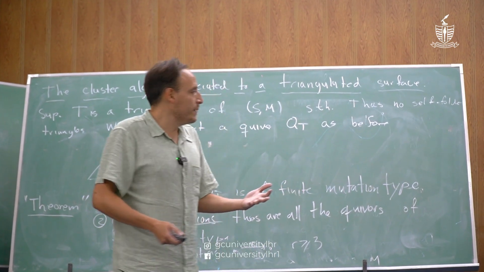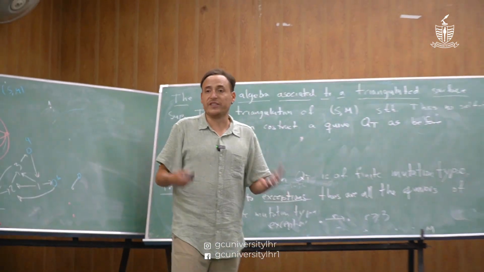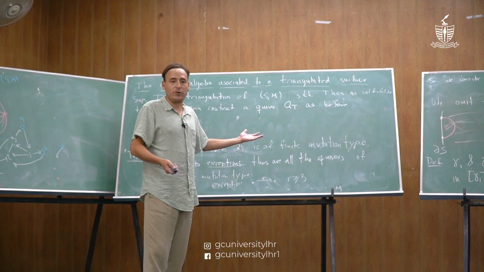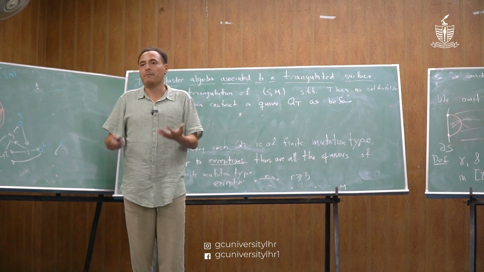So it's a moduli space. You need algebraic geometry to describe the variety sitting in the background, but it's a variety that is important in mathematical physics.